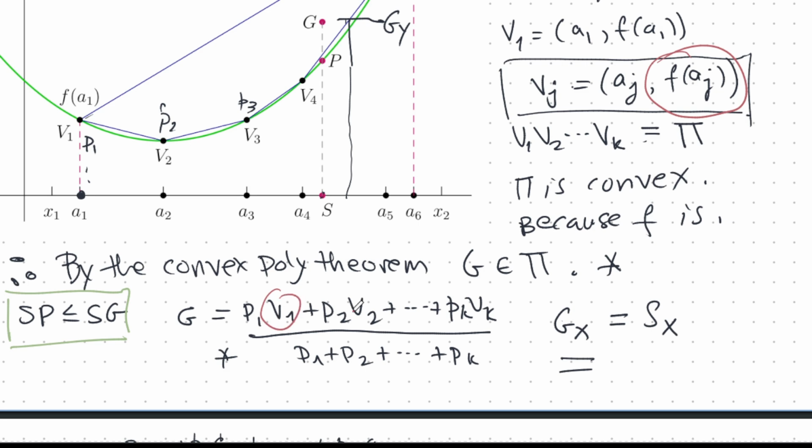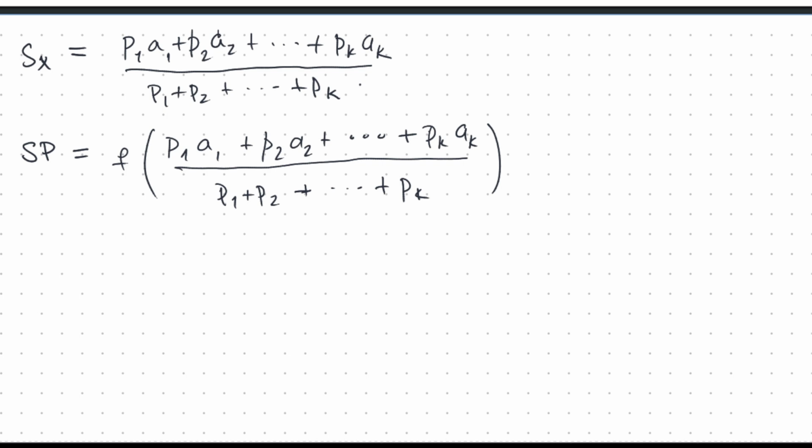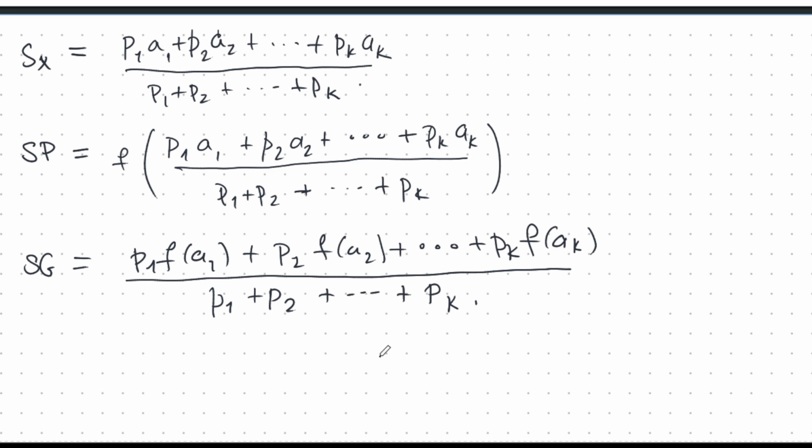I plug that in here, and I ignore the x component and just take the y component. I'll show you the answer. SG is there. It's not hard to do this calculation. Just put those vertices in and take the y component, and you're done. So it's quite easy to do.